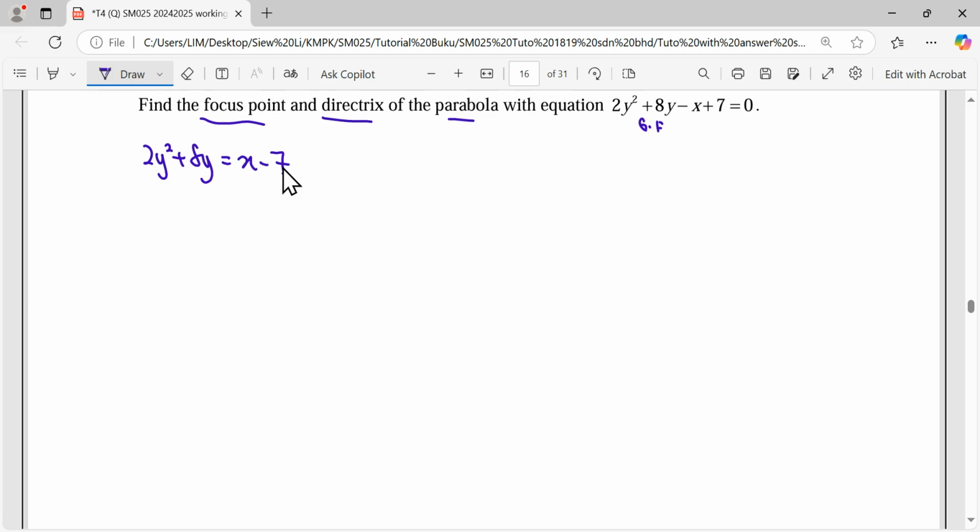So in a parabola, we're going to do the completing the square one by one. For the square first, this value of 2, we have to simplify. Before we do the completing the square, we simplify. We can divide by 2 or we can factorize also. In this case, I divide by 2 straight away.